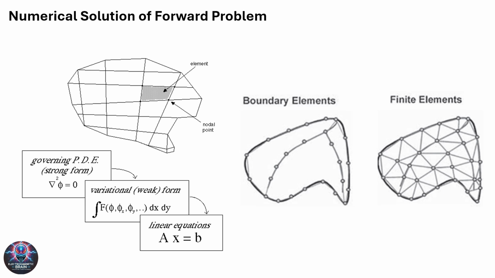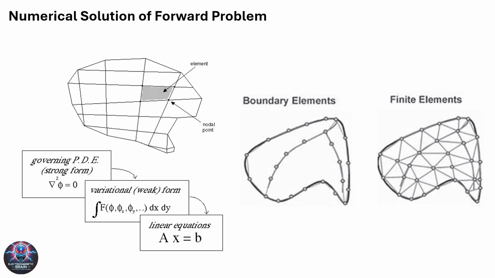In FEM, the head model is divided into small volume elements, and the PDEs are reformulated into a weak form suitable for numerical solution. This involves integrating the PDEs over each element to account for field variations, creating local stiffness matrices. These local matrices are assembled into a global matrix, which incorporates boundary conditions and source terms, such as currents. The global matrix equation is then solved using numerical linear algebra techniques to determine the electric potential or magnetic vector potential at each node in the mesh.